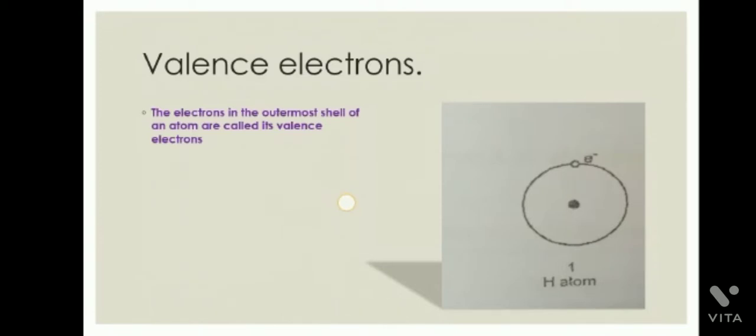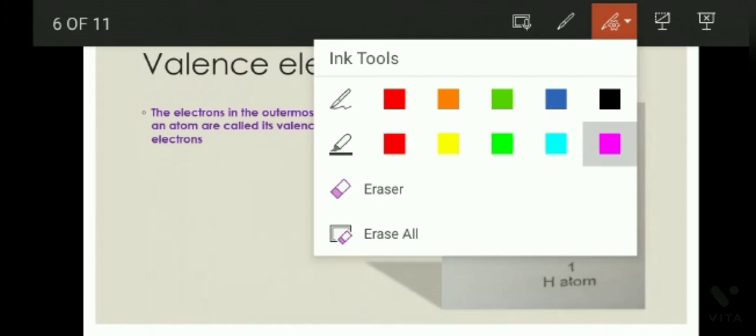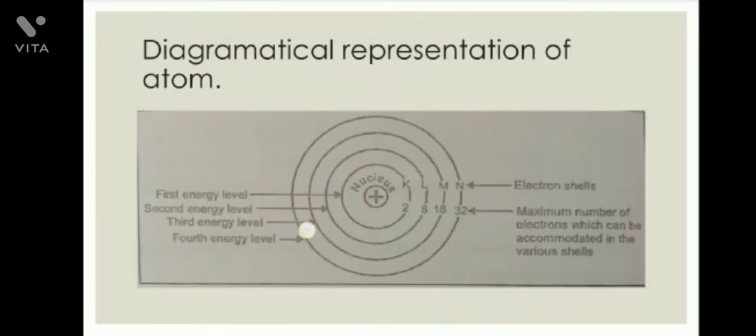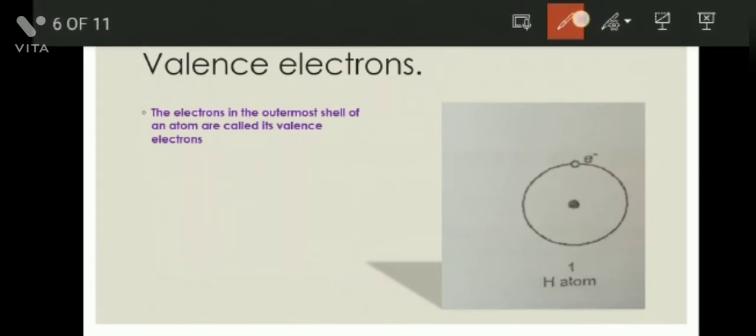What are valence electrons? The electrons in the outermost shell of an atom are called its valence electrons. As I told you in the before video, if the outermost shell has 8 electrons, 1 2 3 4 5 6 7 8, then it is stable.